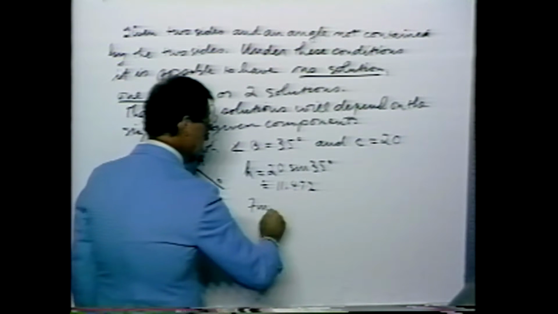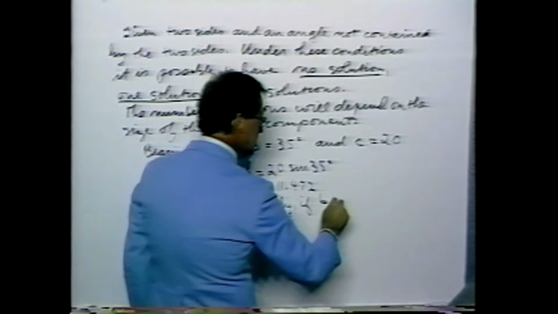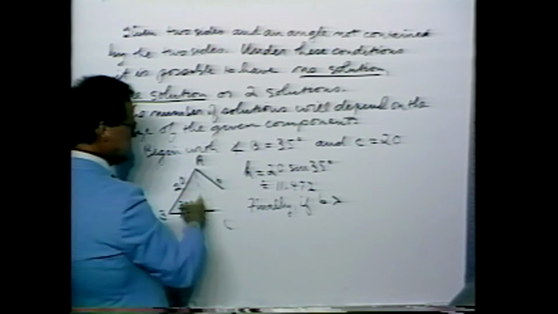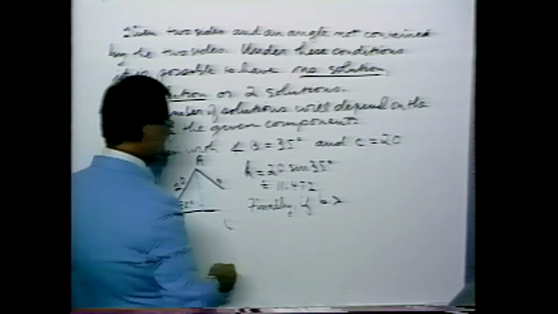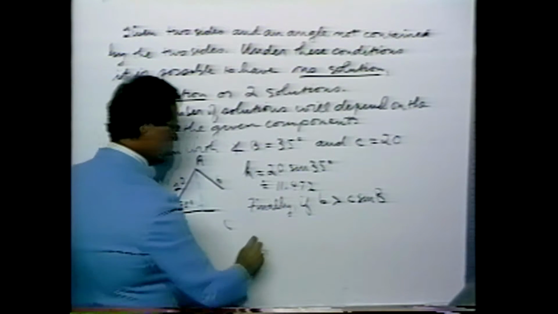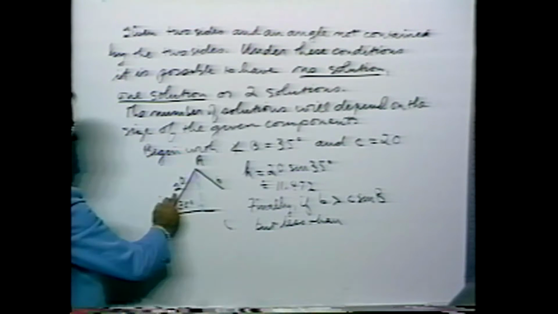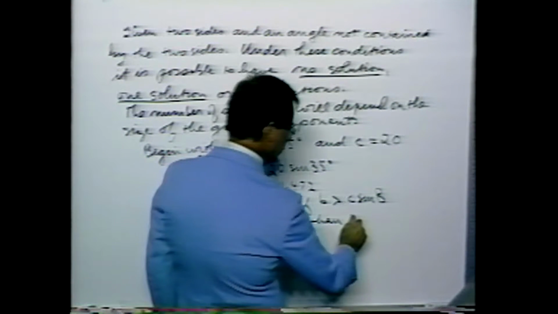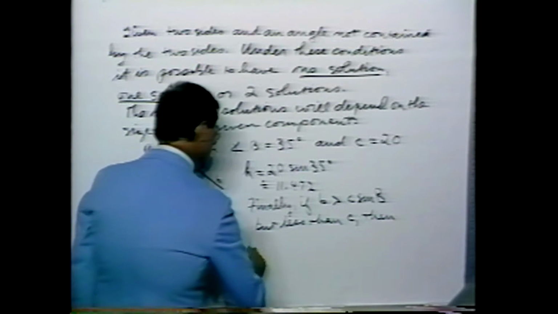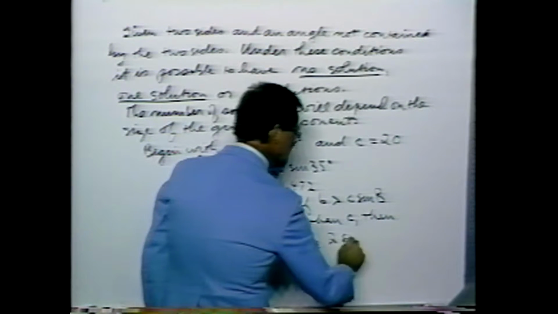Finally, if B is greater than the altitude, or this perpendicular, greater than C sine B, but less than C, 20, then there will be two solutions.